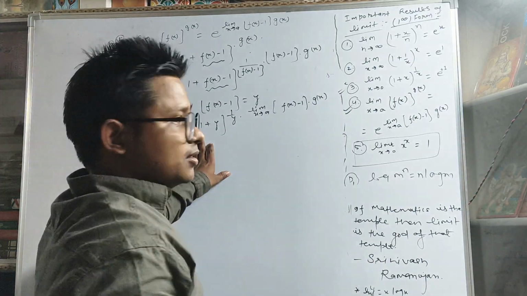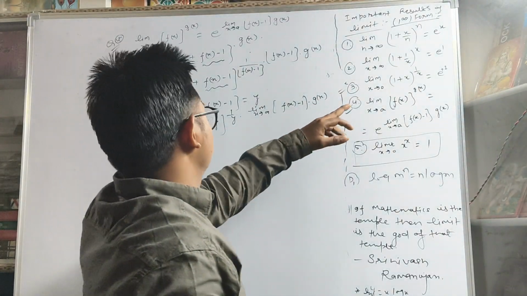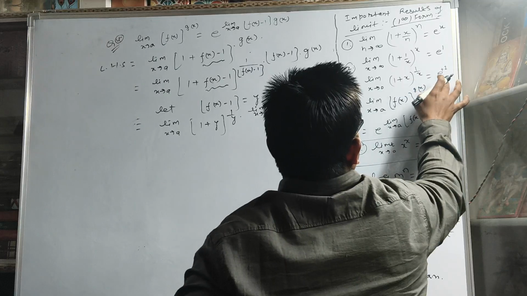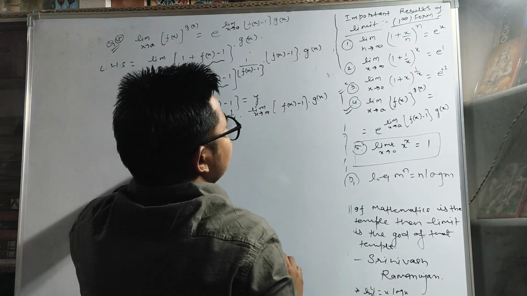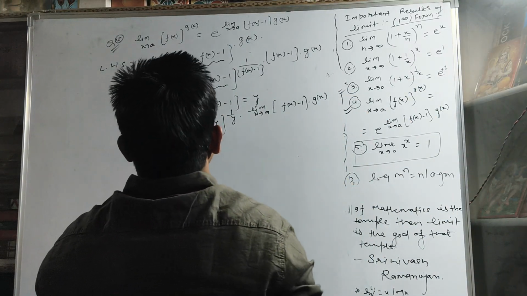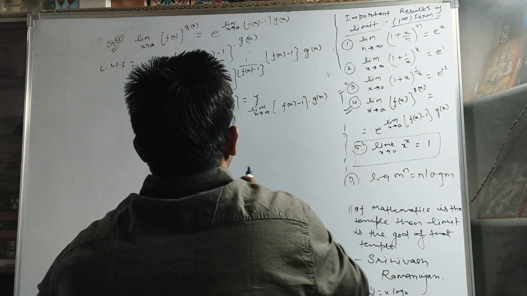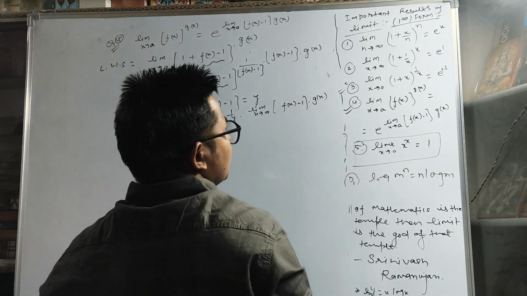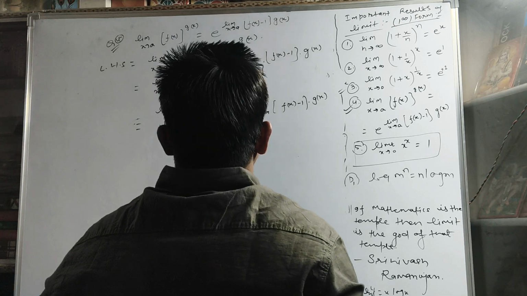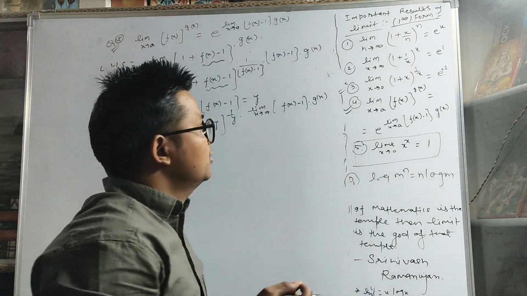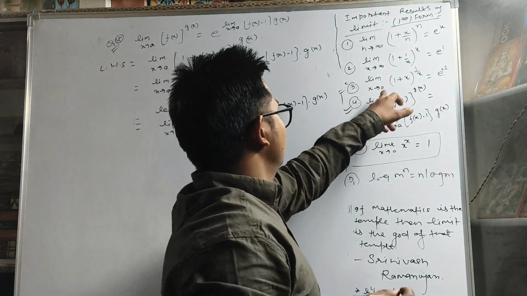We have the proven result in previous videos, as we can see, result number 3. That means limit x tending to 0 of (1 plus x) to the power 1 by x equals e. In the case of a, we can simply write this will equal e also.